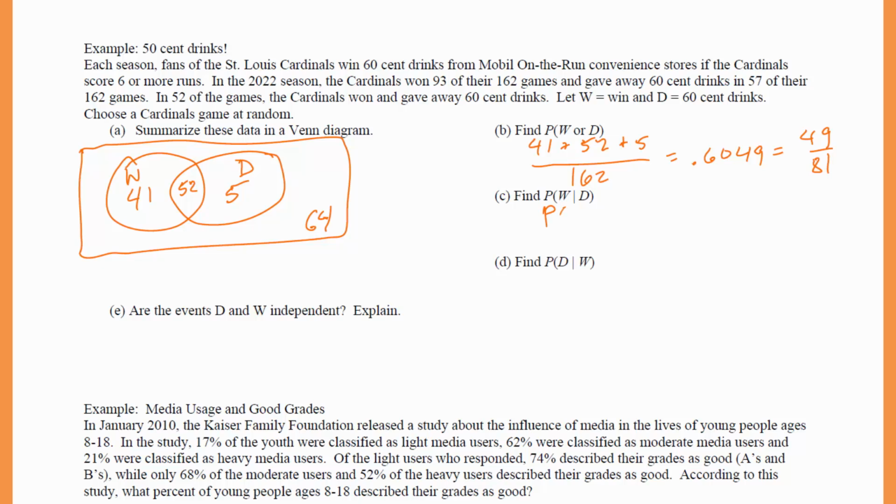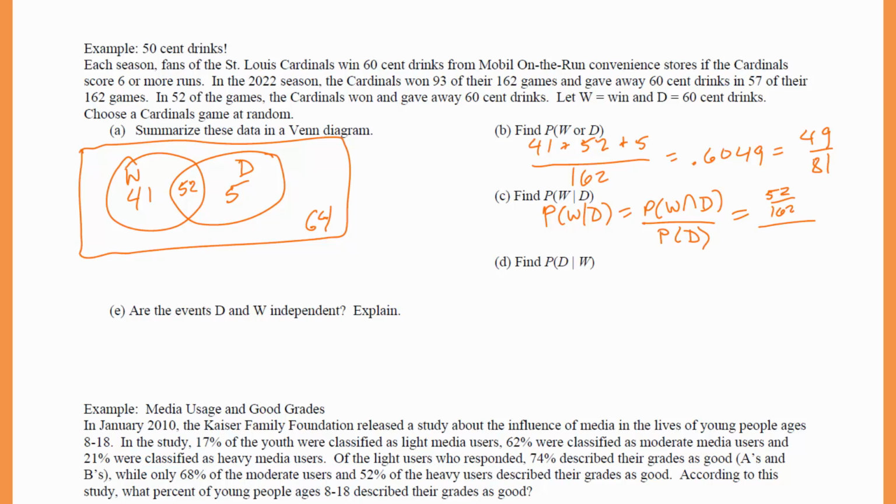So the probability of W given D is the probability of W and D divided by the probability of the condition. The condition is the thing that comes after that vertical bar, so the probability of D. What's the probability of W and D? Well, that's the intersection of the Venn diagram. That's 52 out of 162.